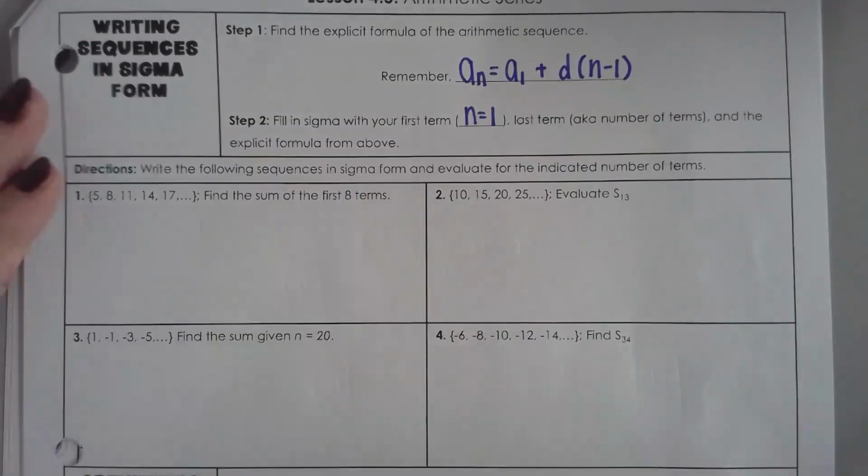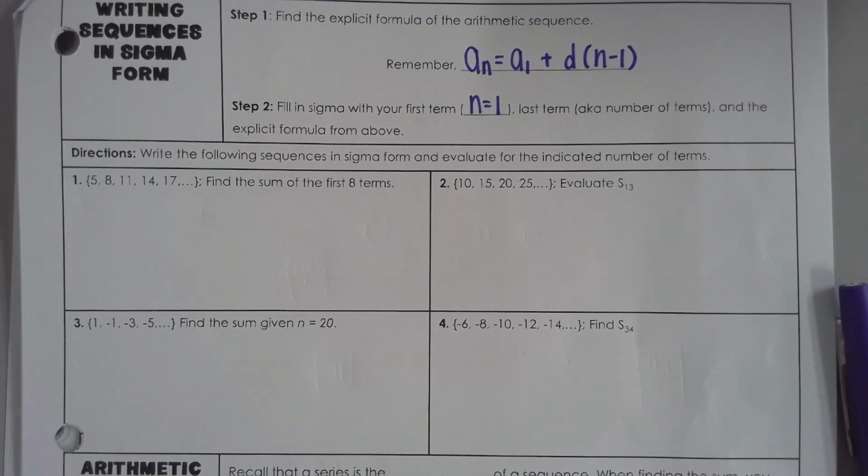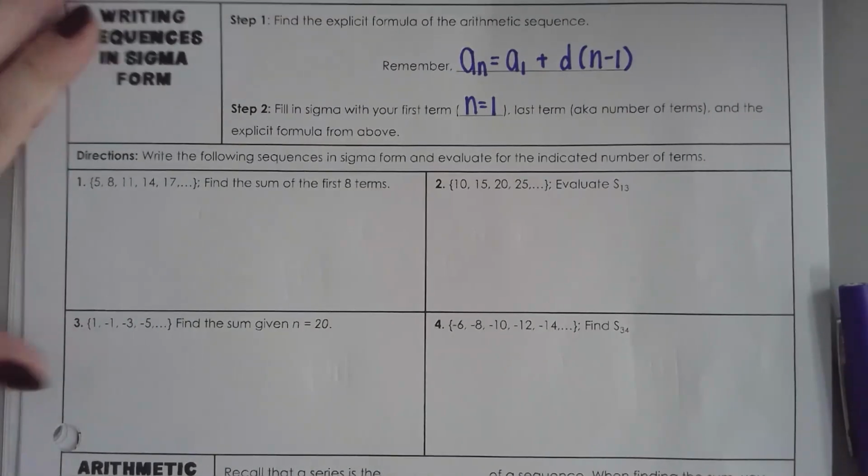So let's look at our first example. We have the sequence 5, 8, 11, 14, 17, and I'm asking you to find the sum of the first 8 terms.